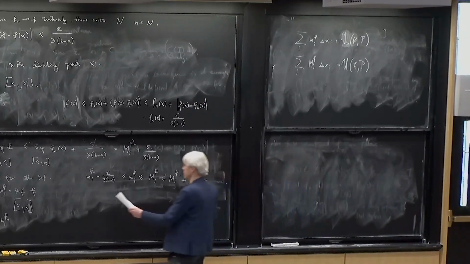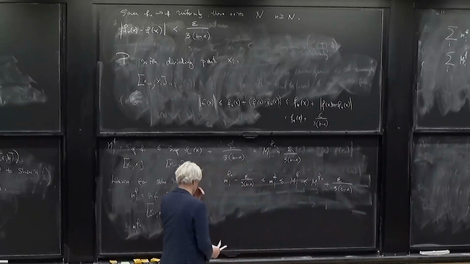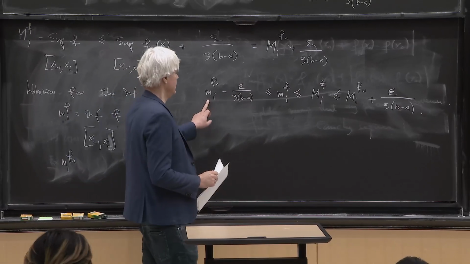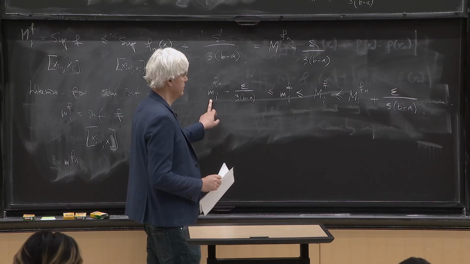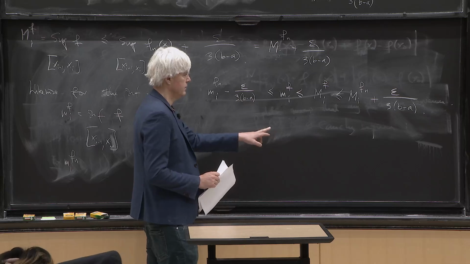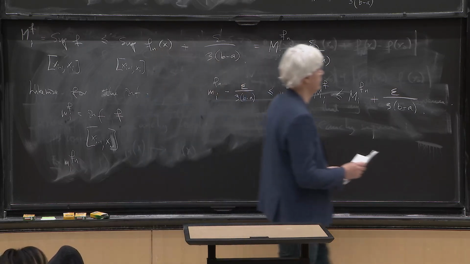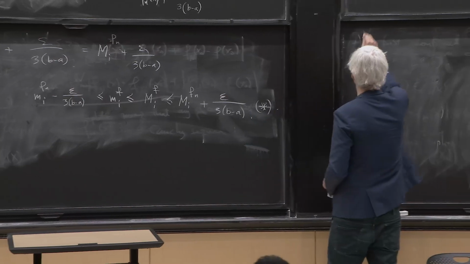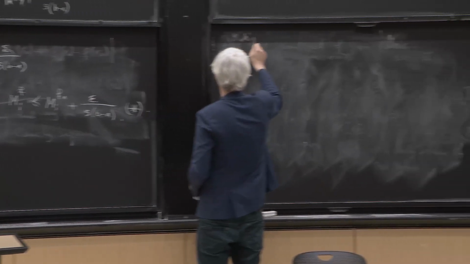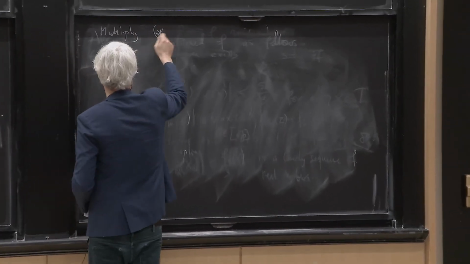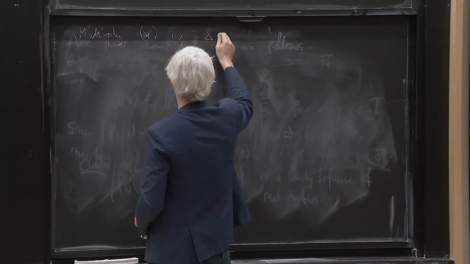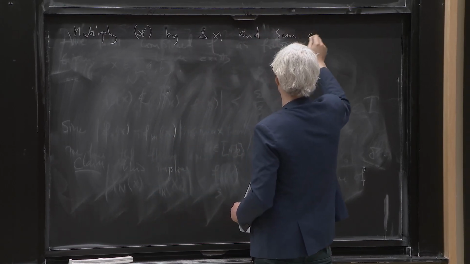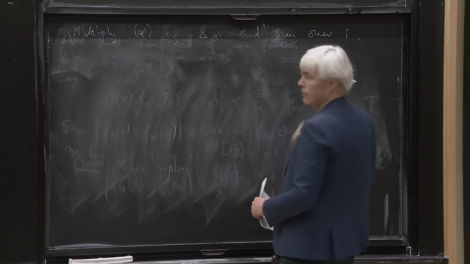this string of inequalities, and you're just multiplying by delta x_i on both sides, and then I'm summing, right? So let's call this here star. So multiply star by delta x_i and sum over i, right?